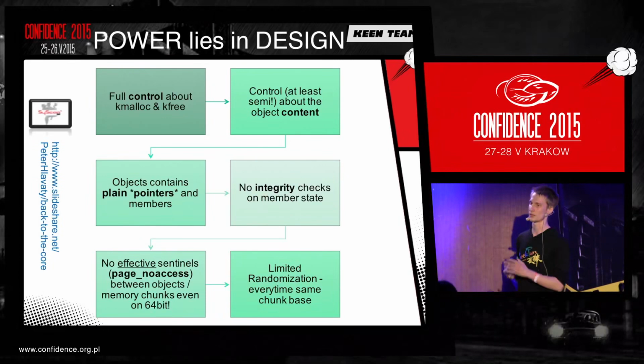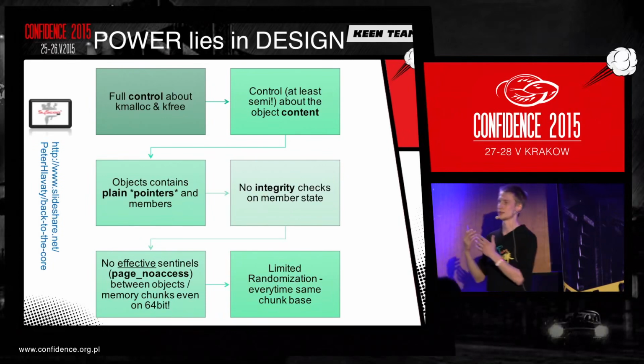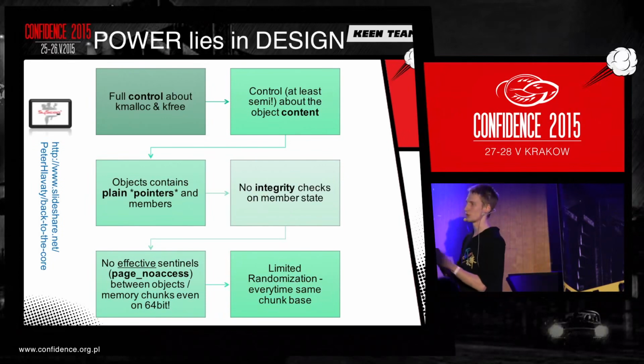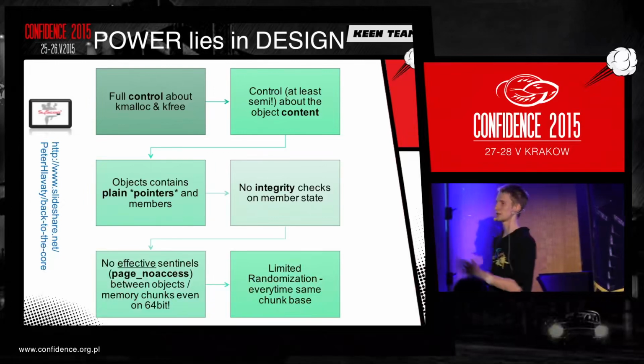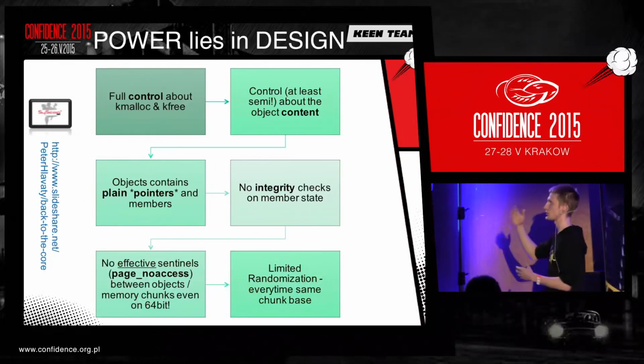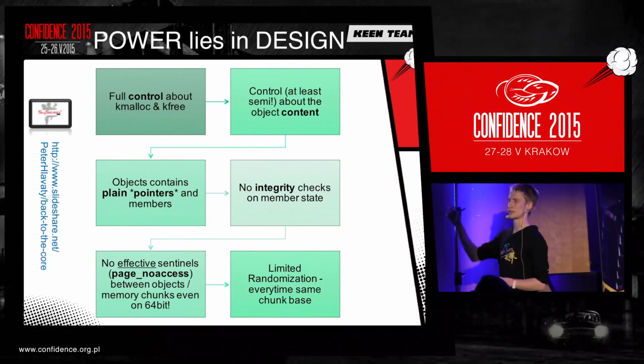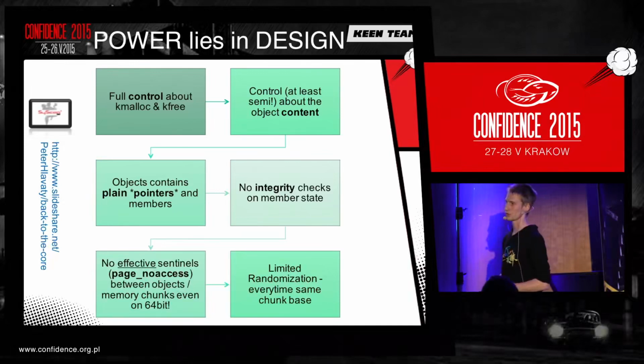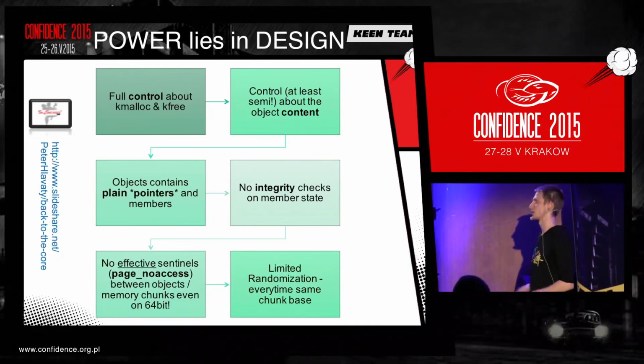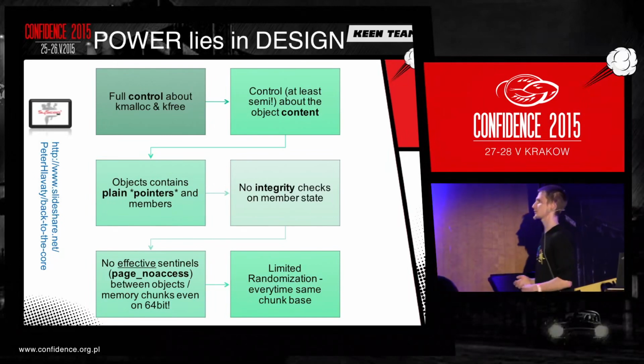Or you can predict that there will be some plain pointers or some members which you know the size will not exceed. So you can somehow semi-control that object. And the really big fail is when this object also contains plain pointers to functions or to buffers, which can later be converted into a vulnerability and misused.